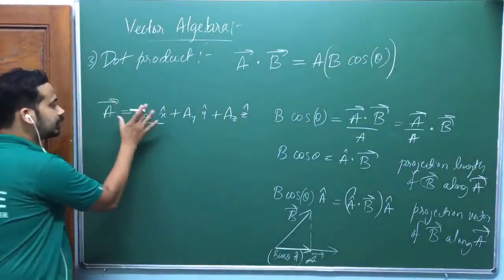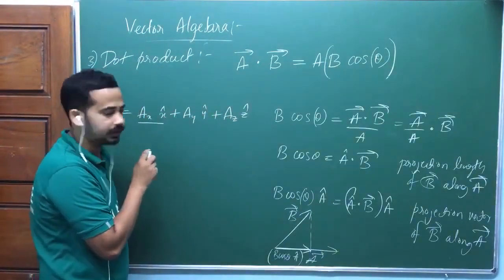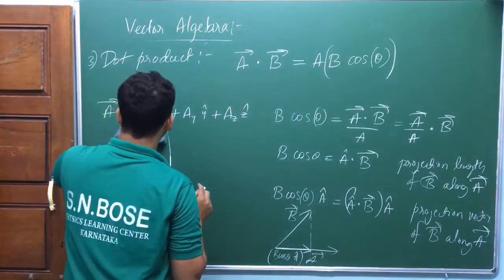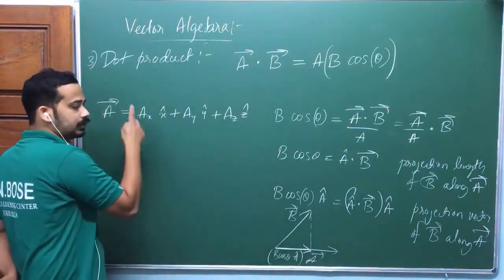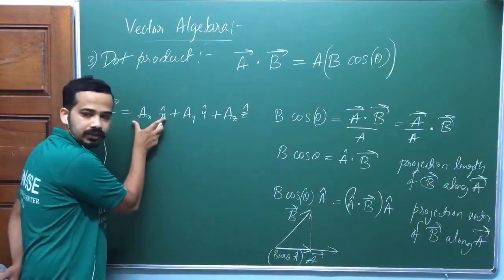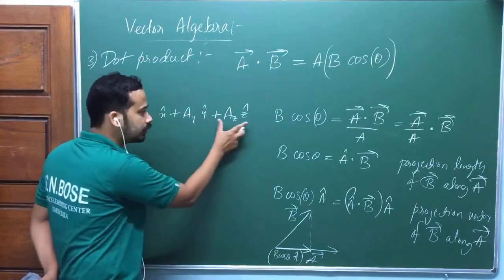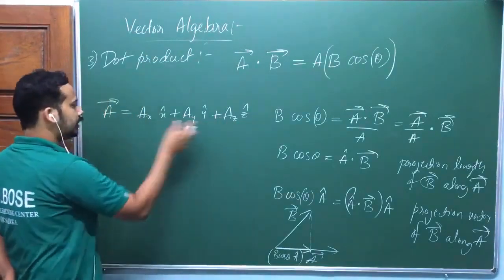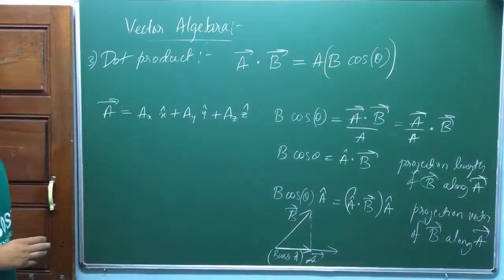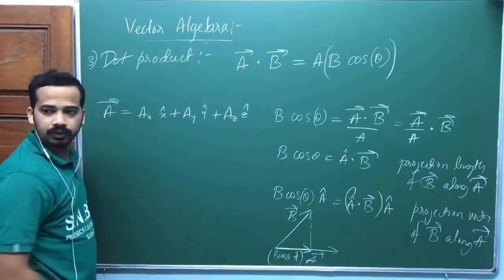Now vector A is written as an addition of 3 vectors. This whole thing is a projection vector along x-axis, this whole thing along y-axis, and this along z-axis. You have added 3 vectors to get a resultant vector, or this vector is decomposed like this.